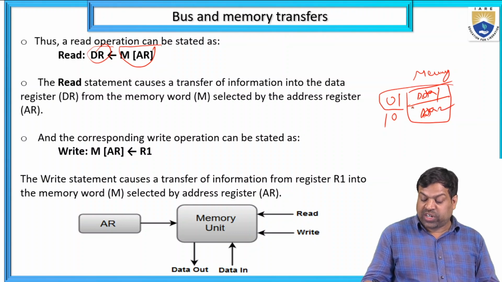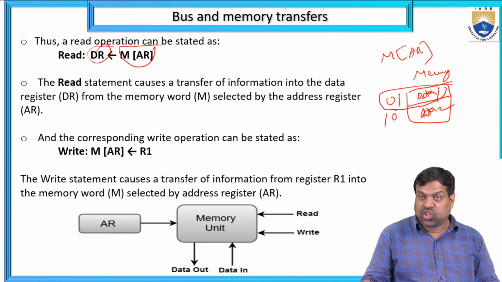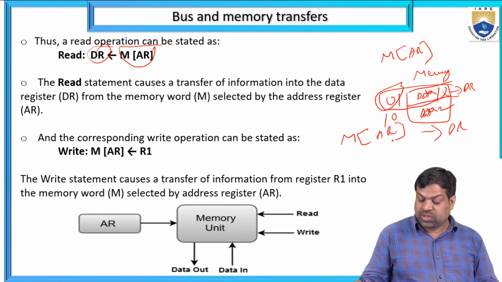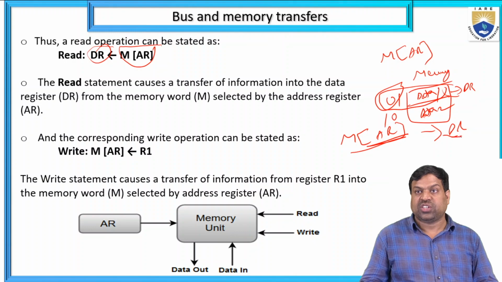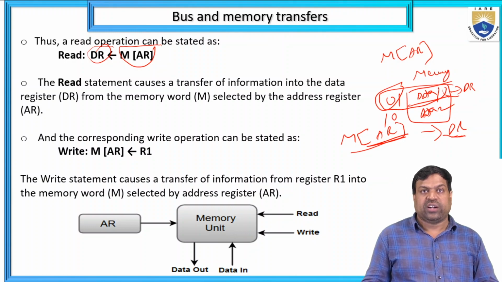Suppose memory at the address register, meaning in address 01, what is the data? That is the data register. So it is DR ← M[AR], memory at the address register to the data register.